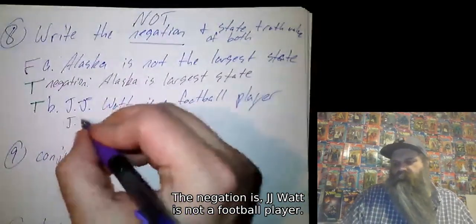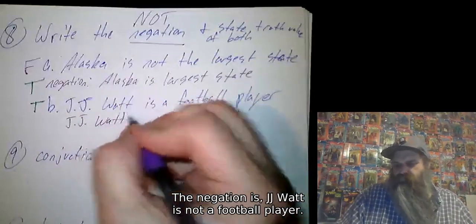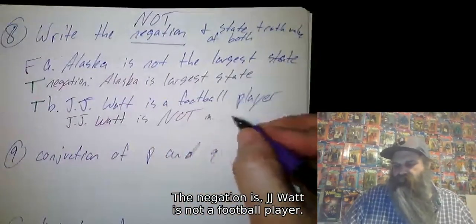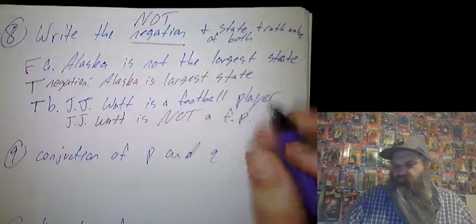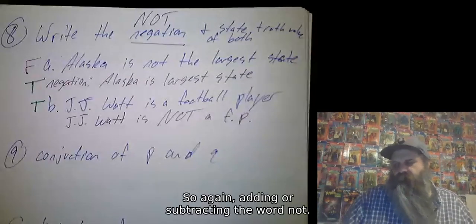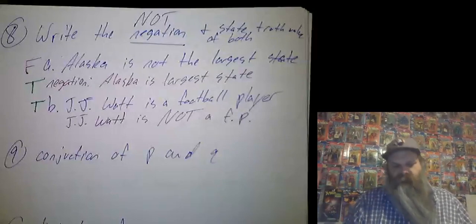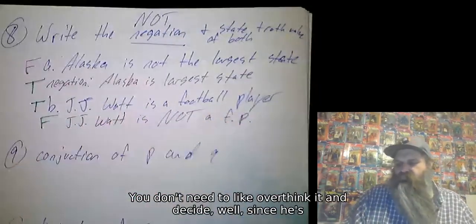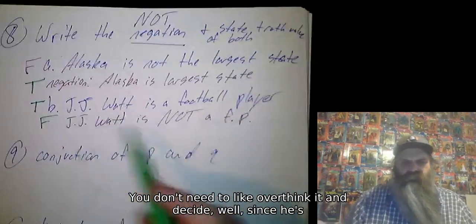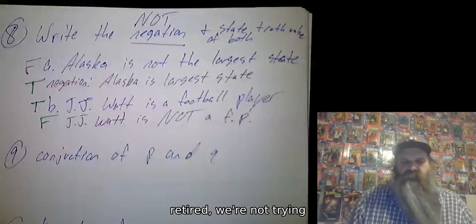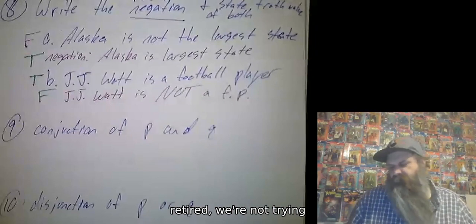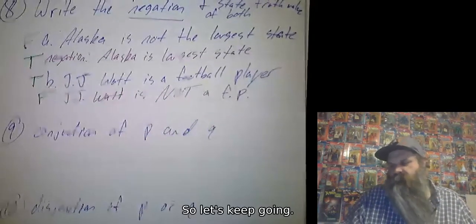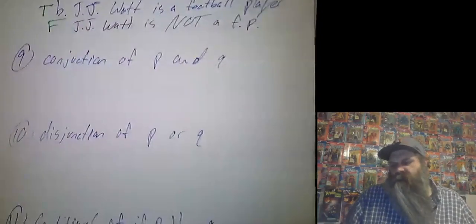The negation is J.J. Watt is not a football player. So again, adding or subtracting the word not. And this would be false. You don't need to overthink it and decide, well, since he's retired or whatever. We're not trying to trick you on these. So, let's keep going.